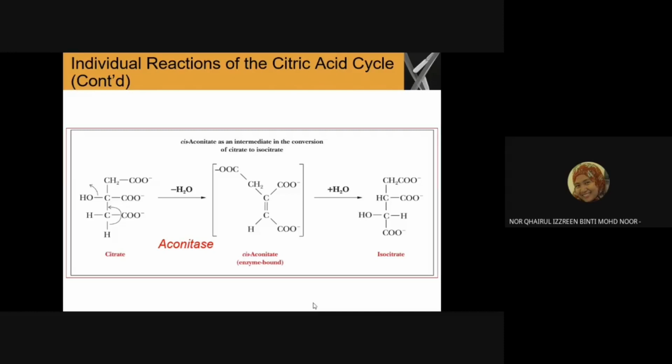We add OH at carbon number 2 and hydrogen at carbon number 3, producing isocitrate. Nothing much changes in this reaction except for the hydroxyl group OH and hydrogen.